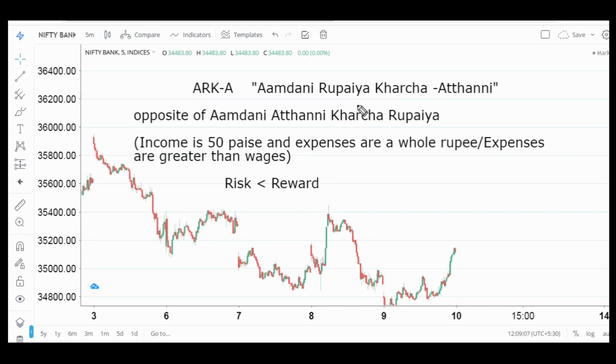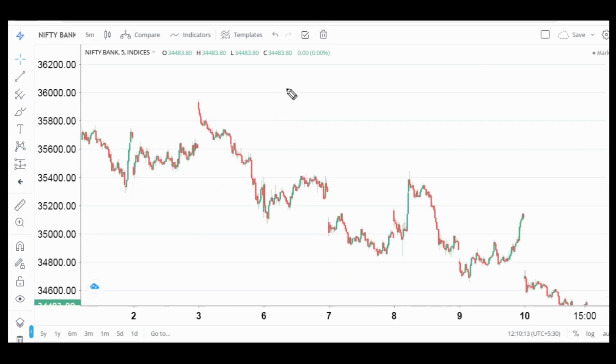It's kind of funny if you see its full form. I hope you guys like this name, because as you all have already seen the performance, its stop losses are less and its targets are more, so in a way it is justifying its name. And I also hope it continues to justify its name in future also.